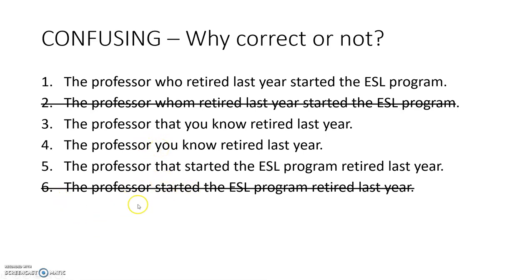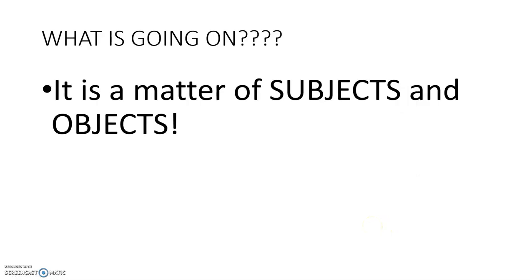Because this one, number 6, has no pronoun, and it's not correct. Let's keep going. What is going on? This is really a matter of knowing about subjects and objects in your sentence.